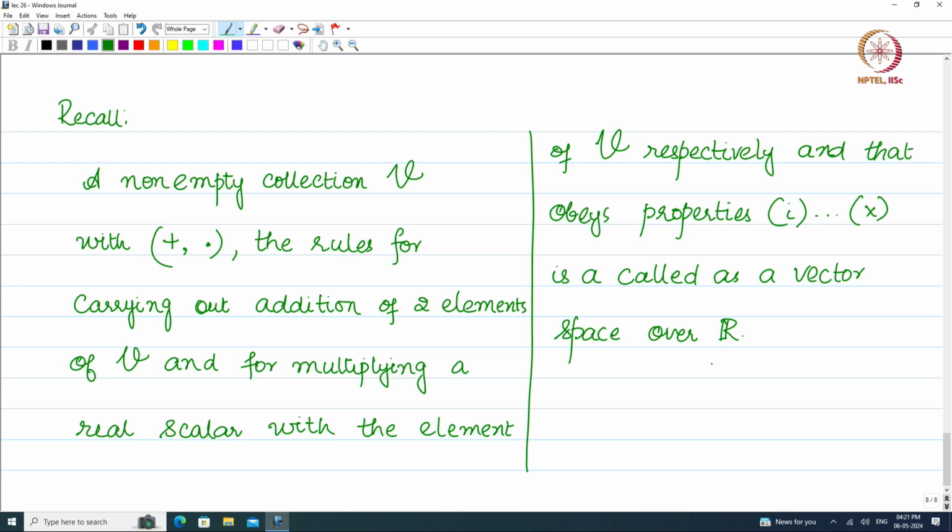So, a space over R is called a vector space over R. Every element of V is called a vector.